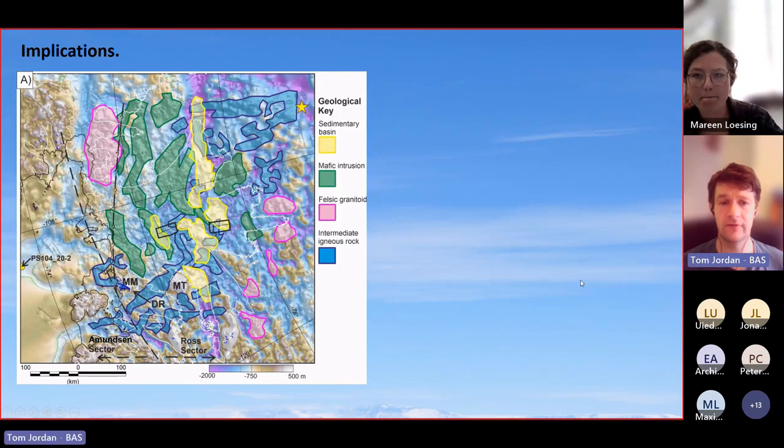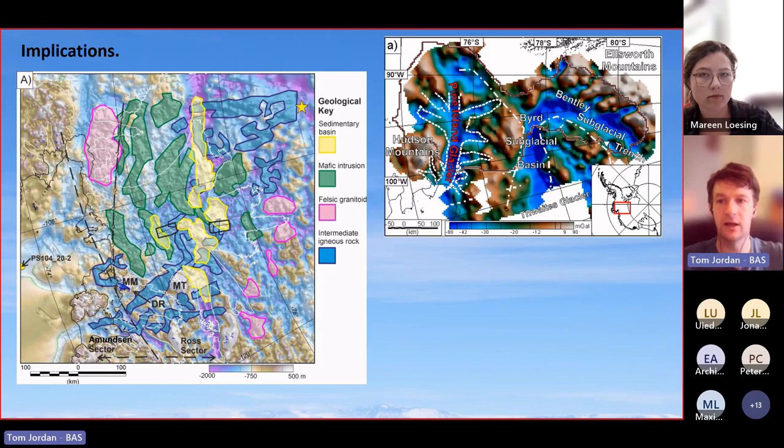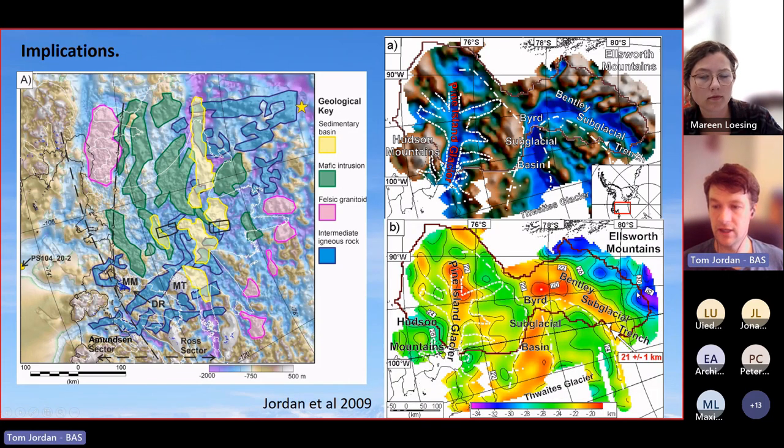I did some back of the envelope calculations many years ago. They were never published, but it was working on the Pine Island Glacier catchment, which is the catchment just north of this. So if you imagine on the top of the geological map, this is Pine Island Glacier, with the Bird and Bentley subglacial trenches just overlapping the top. I'd worked out what the crustal thickness was by inverting the gravity.